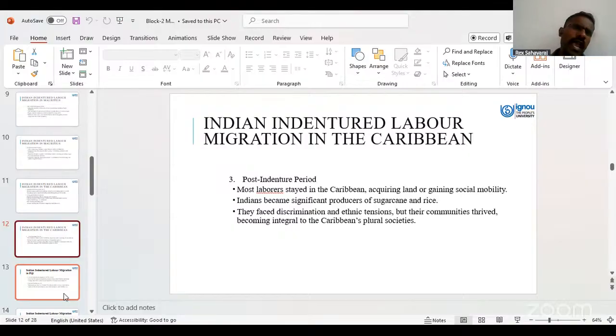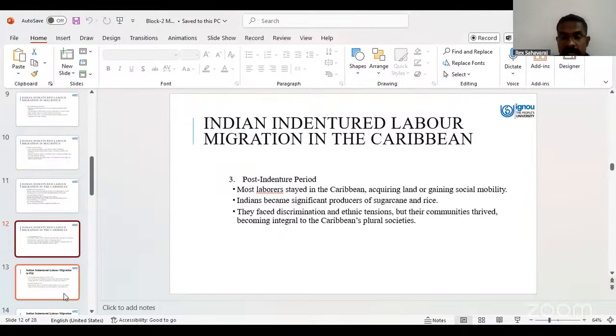The main concern for indentured labor during that period was agriculture: the expansion of tea estates, rice, sugarcane and rubber were the main profit-making industries for the British colonial people. They faced discrimination and ethnic tension, but their communities thrived, becoming integral to the Caribbean's plural societies.